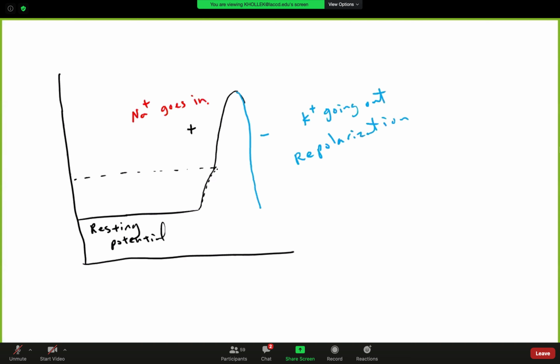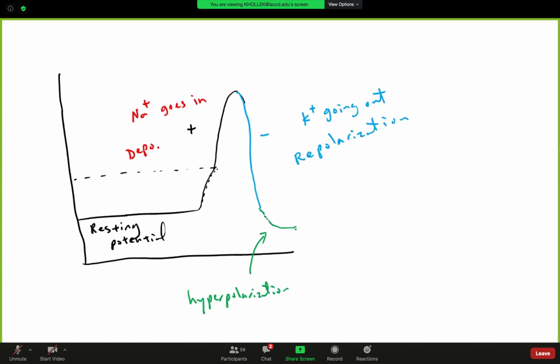This is also known as influx. Influx, when sodium is coming in, and this was depolarization. All right, and then we had a third phase, hyperpolarization. During hyperpolarization, potassium channels are too slow to close, so more potassium is leaving at this point in time.